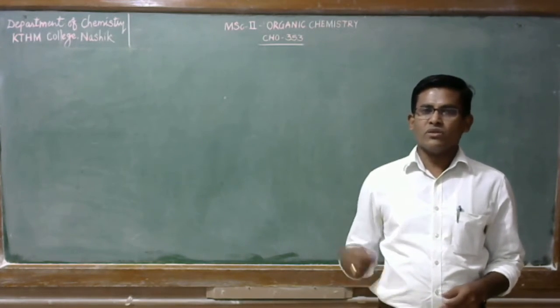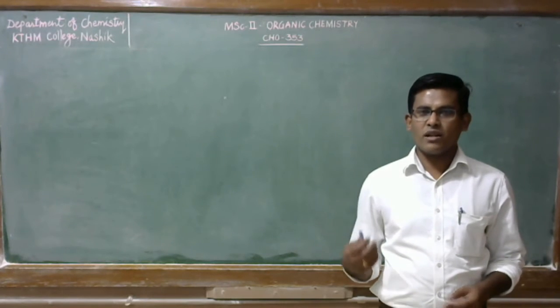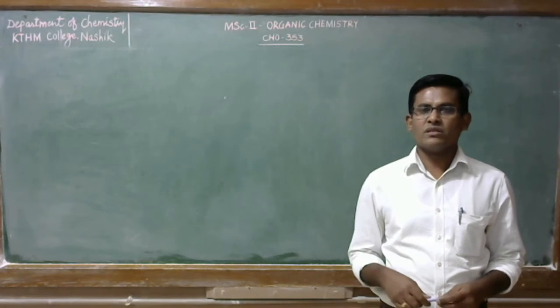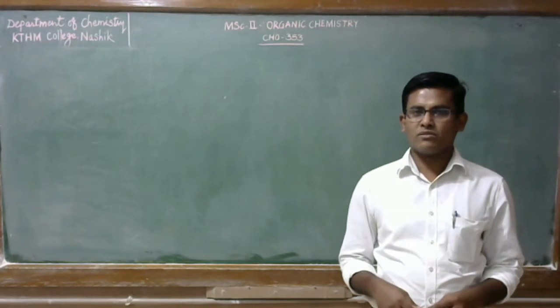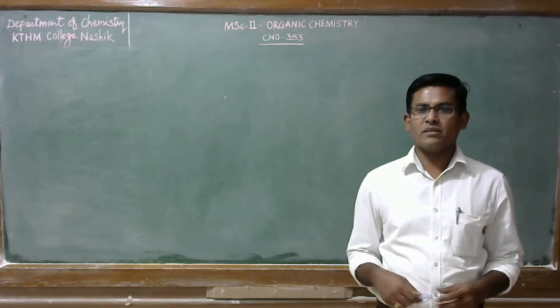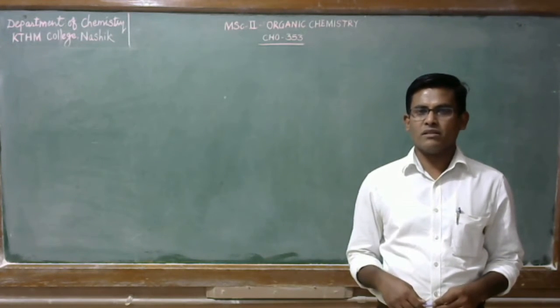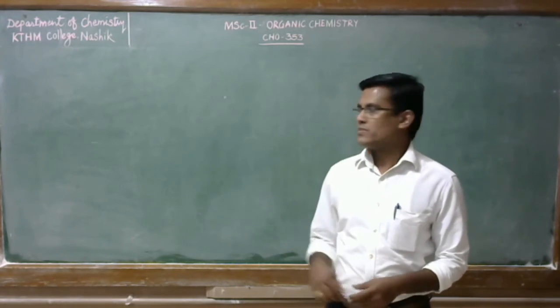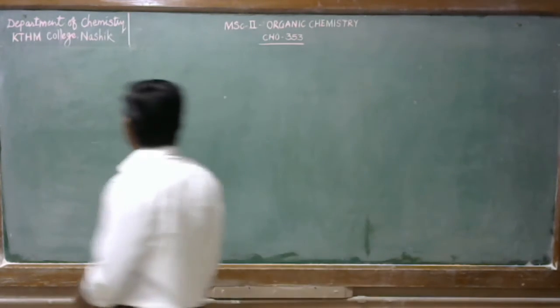This intermediate is used in developing the thromboxane antagonist, which is used to inhibit blood clotting. Alright, so let us start with the retrosynthetic analysis for this intermediate.